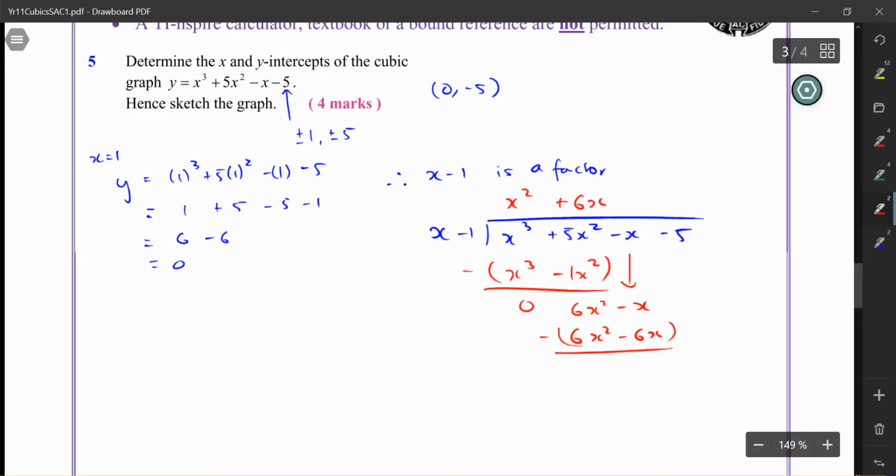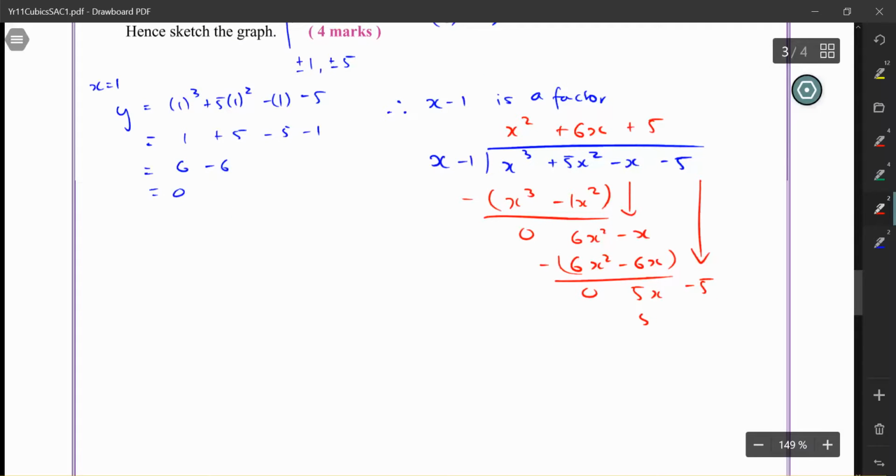Subtract 0, two negatives become positive, so this becomes 5x, drop down the negative 5, and then that's plus 5. So 5x minus 5, find the subtraction, 0. So what I know now is the y value is equal to, the first factor was x minus 1.